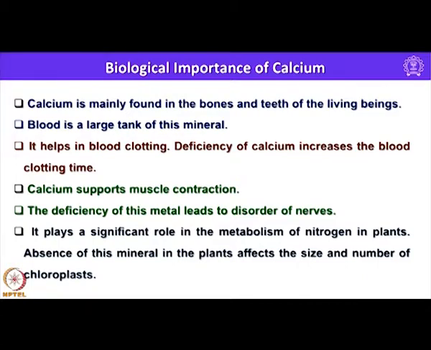It helps in blood clotting. Deficiency of calcium increases the blood clotting time. So, calcium supports muscle contraction. The deficiency of this metal leads to disorder of nerves. It plays a significant role in the metabolism of nitrogen in plants. Absence of this mineral in the plants affects the size and number of chloroplasts.